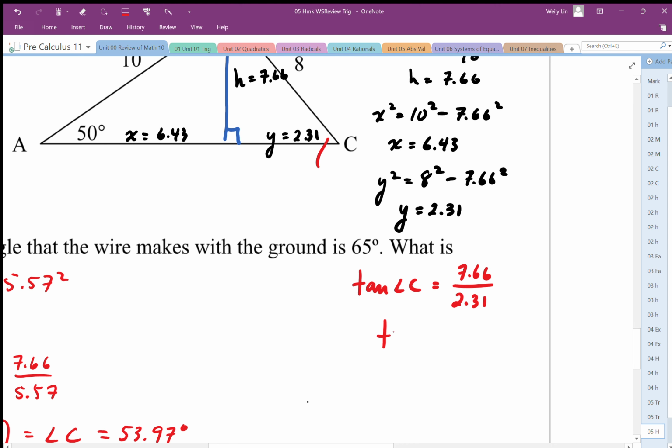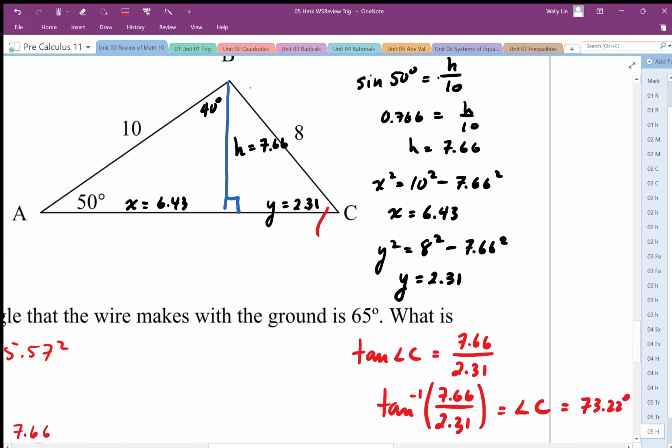To solve for angle C, I need to use an arctan function, or the inverse tan. So 7.66 over 2.31 gives me angle C. From my calculator, angle C works out to be 73.22 degrees.